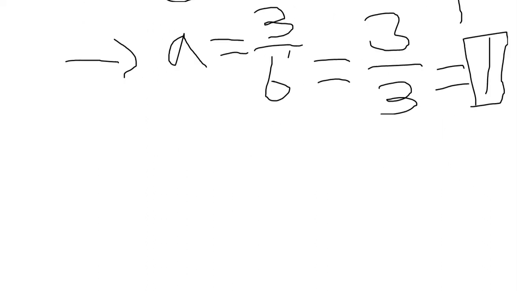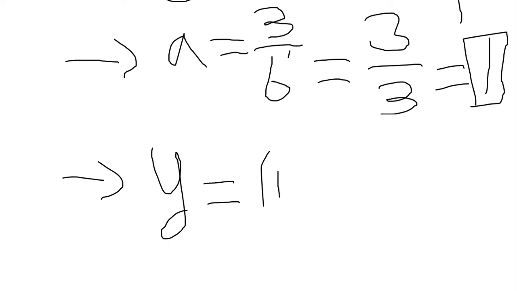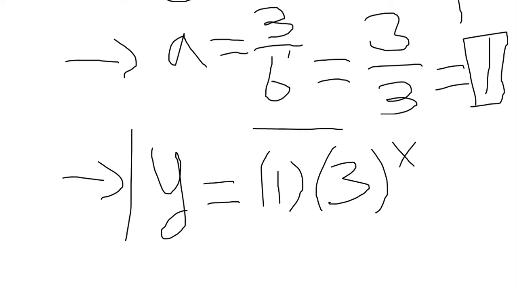And to plug everything we just solved for in, we get our final product of y equals a, or 1, times b, which was 3, all raised to the x. And there we have our exponential function.